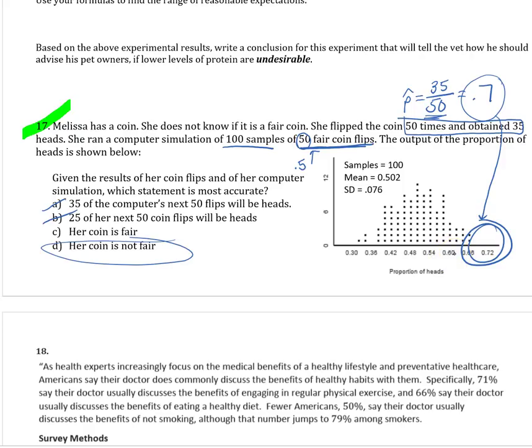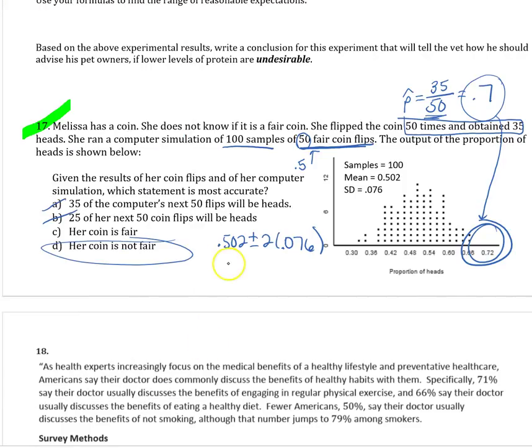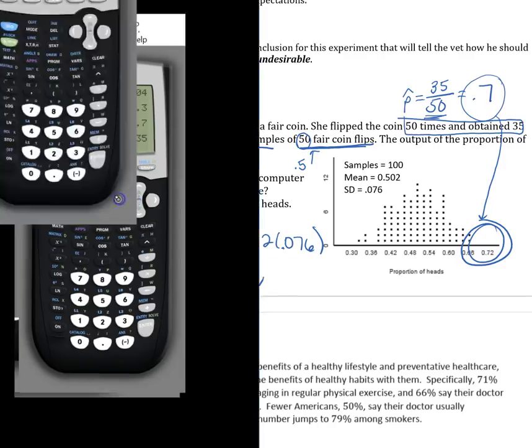Now, another way you could do this is take the mean and add or subtract 2 times the standard deviation, because why not? They gave it to you. Okay, so I do 0.502 minus 2 times our standard deviation, so 0.35, and do the same thing but add it.